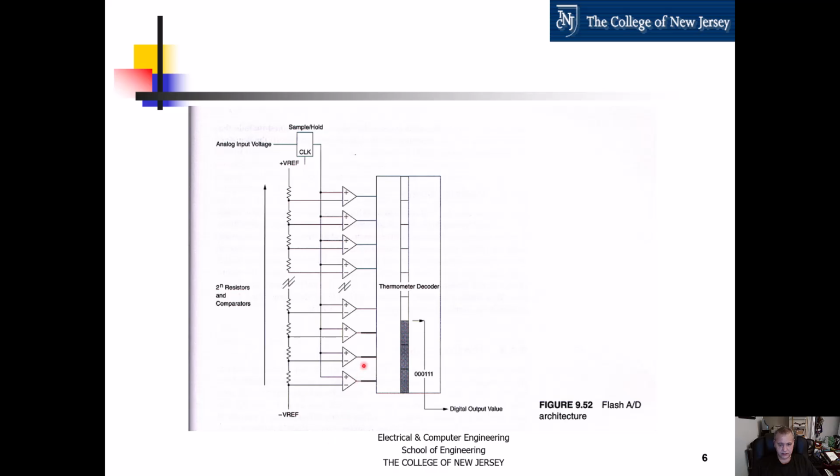From the 64 possible thermometer inputs into the logic that comes afterwards, we can then map it to the 6-bit binary value with a lookup table, or what is called a PLA, which is really a lookup table logic circuit.